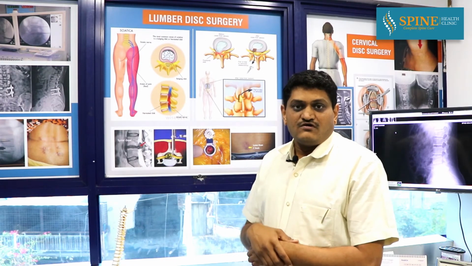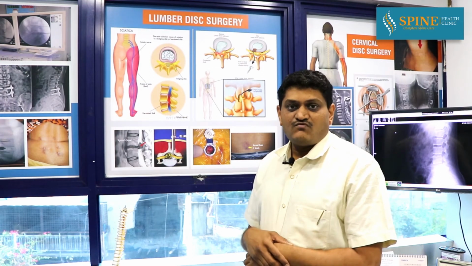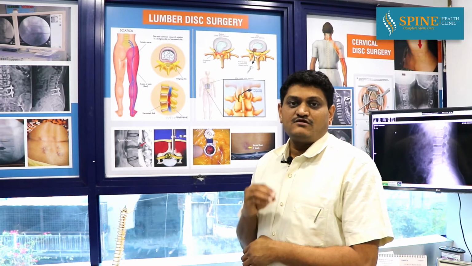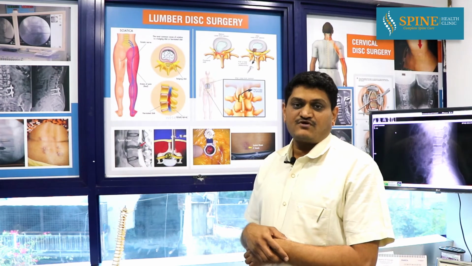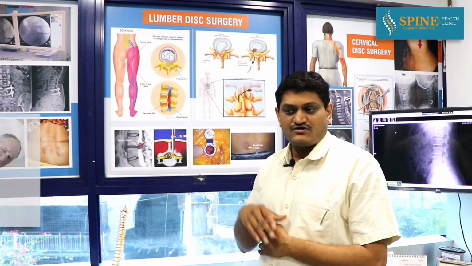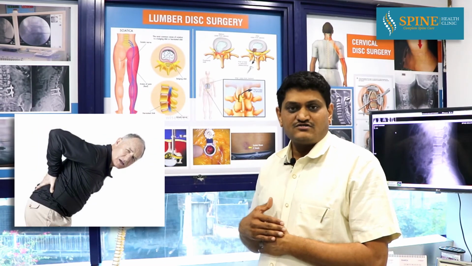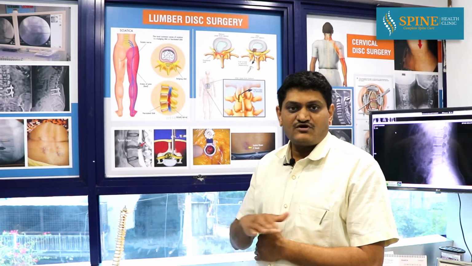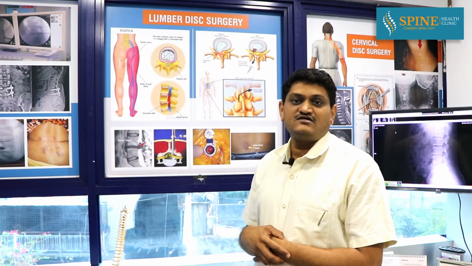So now, what is the presentation, what is the complaint? How do you know that you have a disc problem? The pain in a disc-related problem is usually episodic. It increases on activities. Whenever you are walking or bending forward, it may aggravate your pain, and whenever you lie down or take rest, it usually goes off.